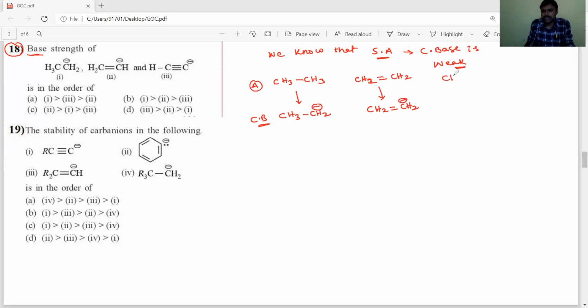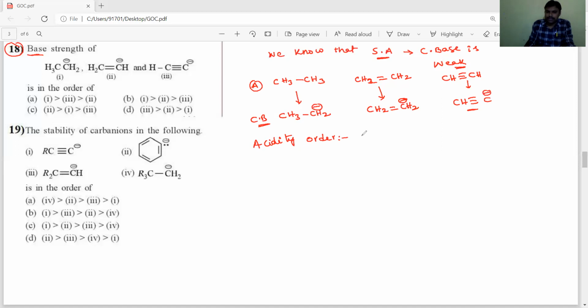And ethyne, its corresponding conjugate base is CH triple bond C minus. Okay, students, these are the conjugate bases. Now, between ethene and ethyne, what is the acidity order?